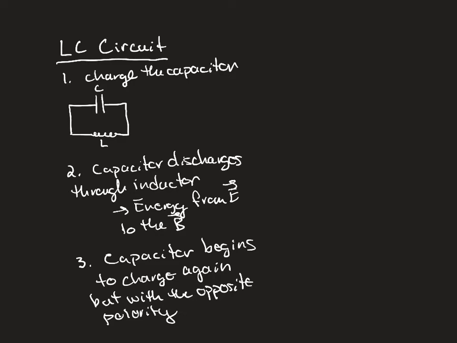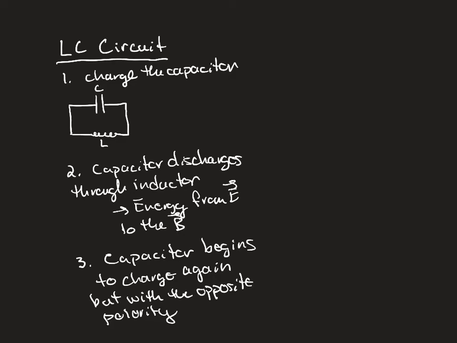Keep in mind this doesn't happen instantaneously, and it doesn't happen at the same rate the entire time. As we learned in the RL circuit, the inductor affects the rate at which the current changes with time. So as the current decreases, the electric field decreases, which induces an EMF in the inductor, which slows down the decrease in current.